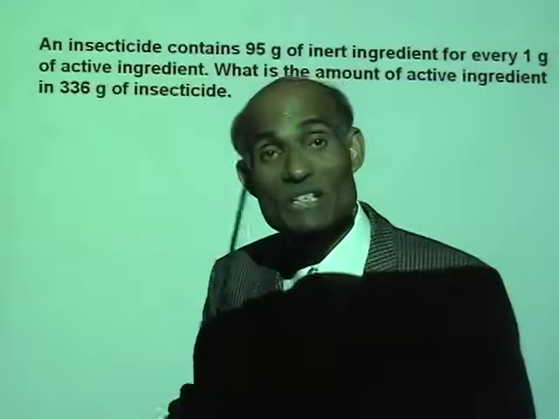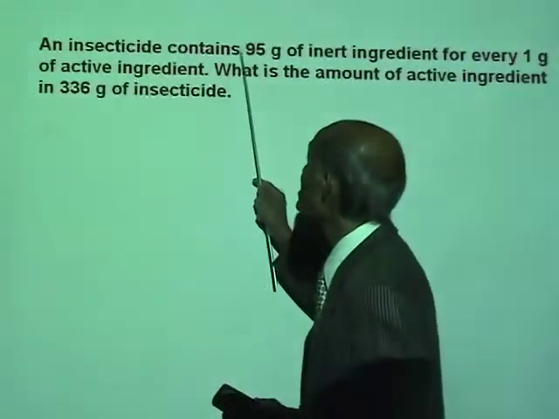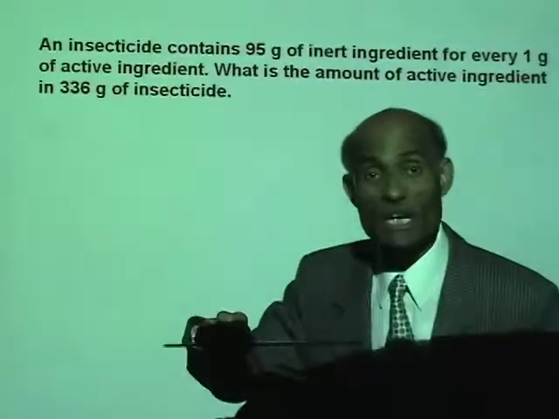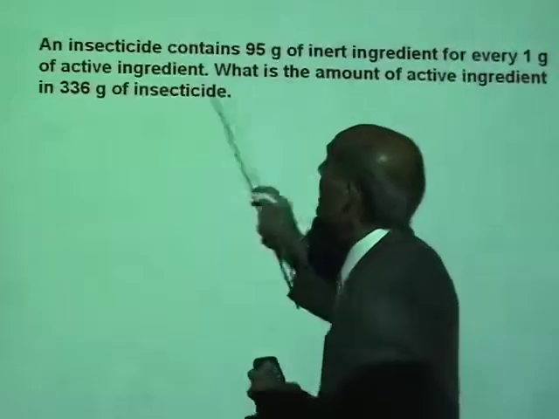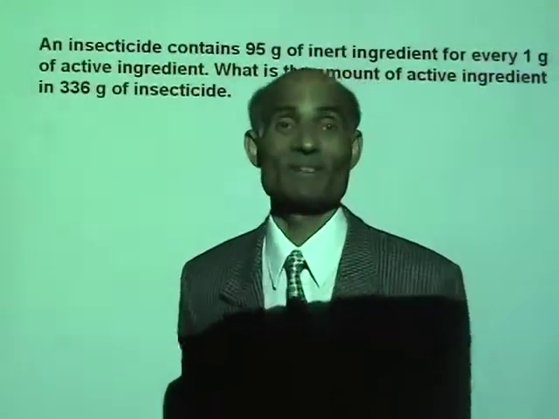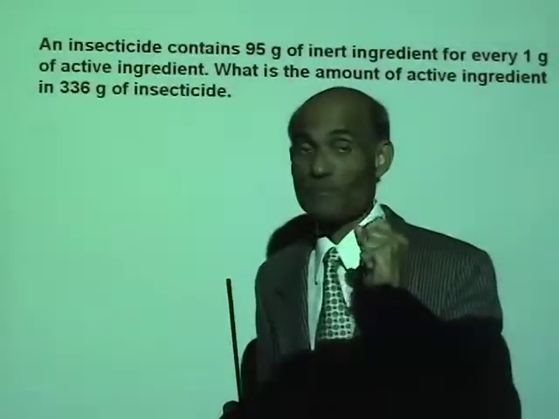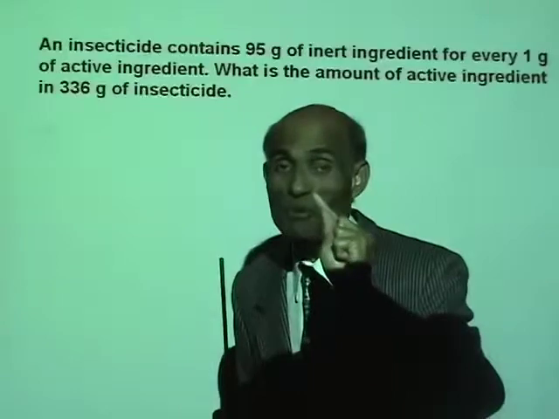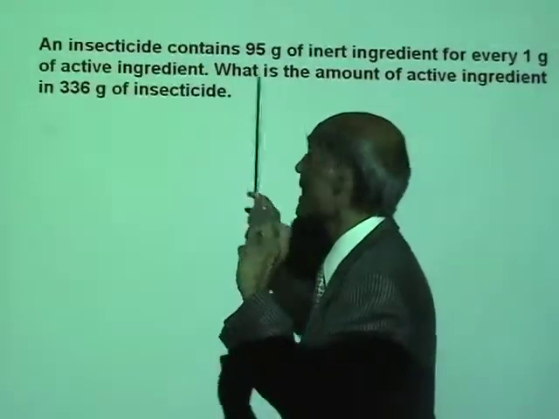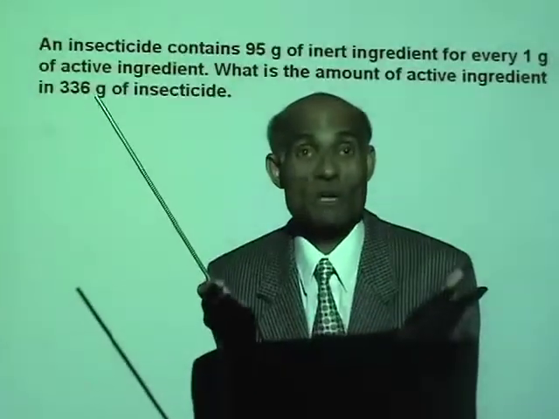So, an insecticide may be made by taking 95 grams of water and putting into it 1 gram of active ingredient, 1 gram of poison. That means you know that if there is 1 gram of poison, there will be 95 grams of water in that group. Is that right?